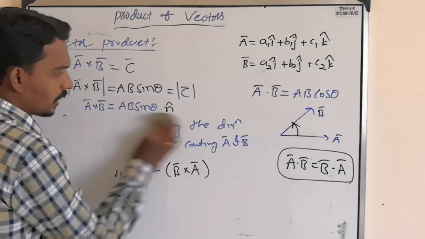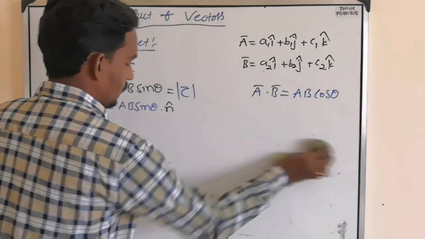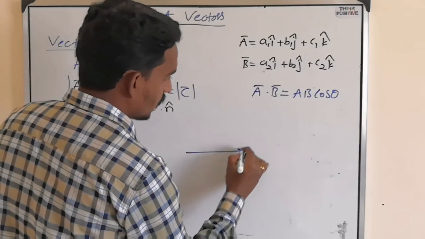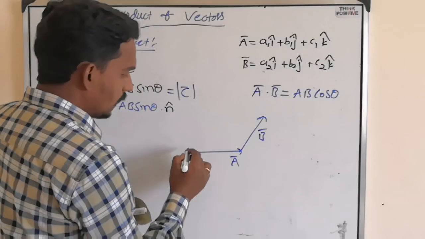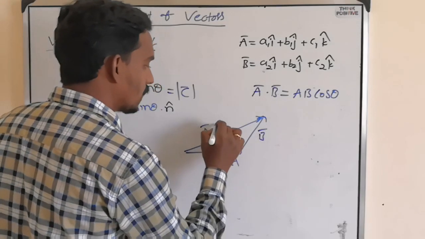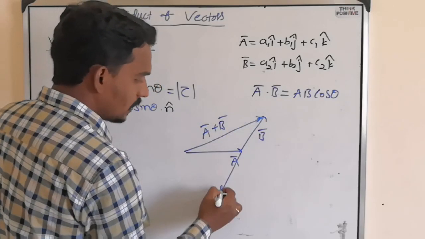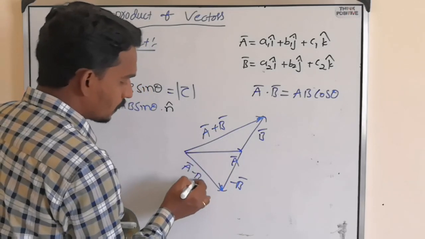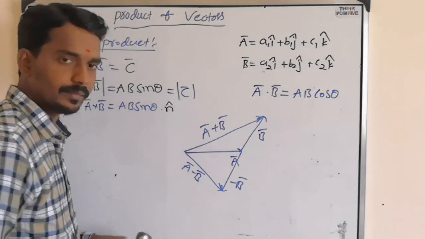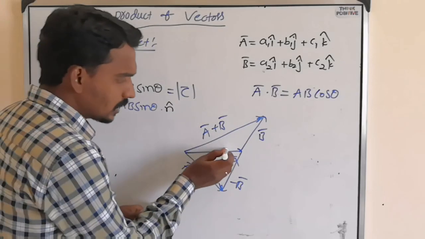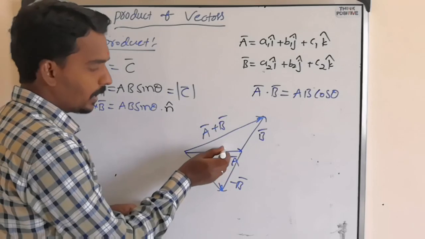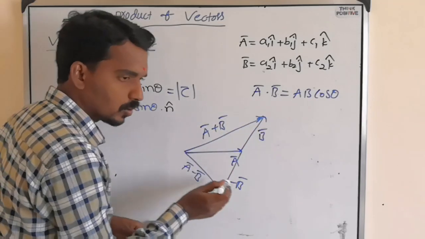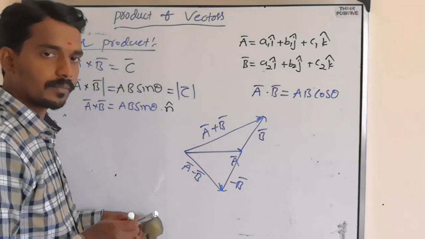Now, as we studied in the last class, see. So this is A bar. Now this is B bar. Then this is A bar plus B bar. And this is minus B bar. Then this is A bar minus B bar. This is what we have studied. And this is the direction perpendicular to A bar, B bar, A bar plus B bar, also A bar minus B bar.